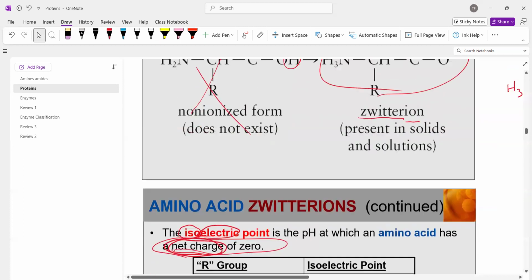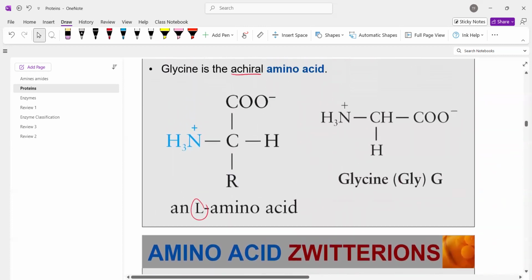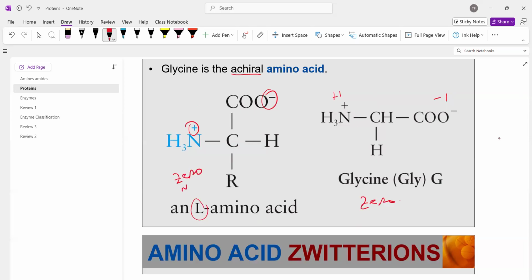Okay, so what do we mean by that? Here's two amino acids. This has got a +1 over here, -1 there, so the net charge on that is 0. +1, -1, 0 net charge.